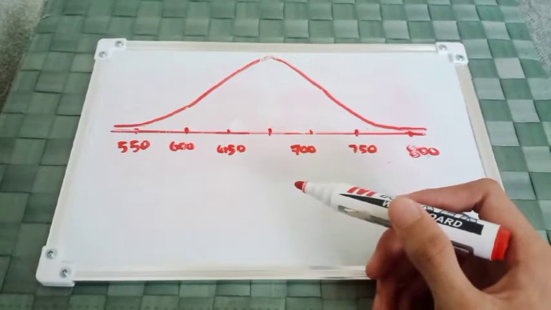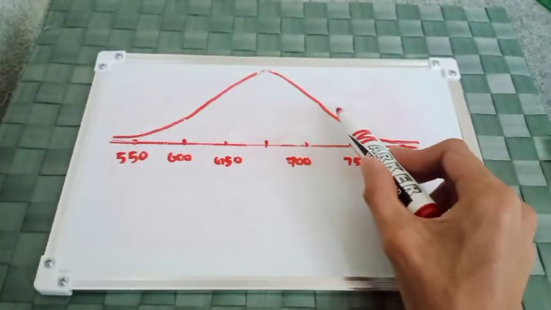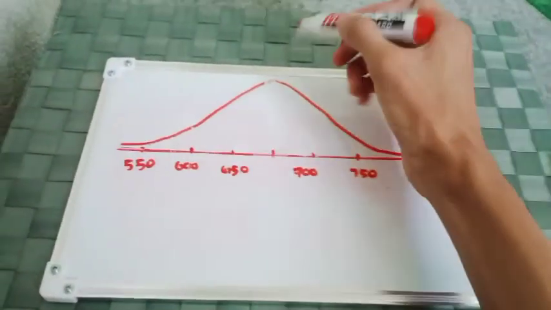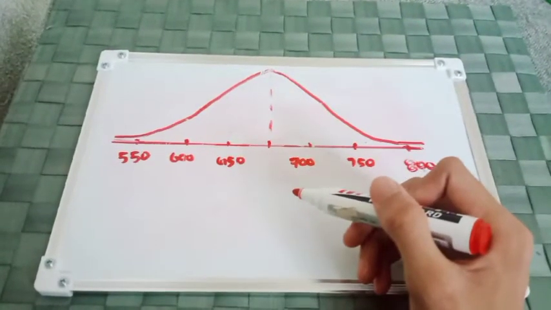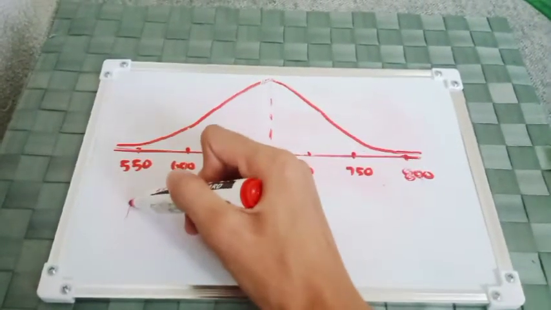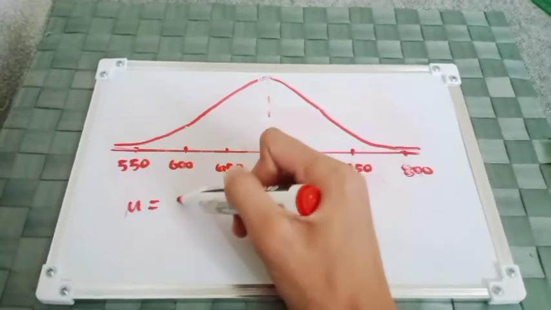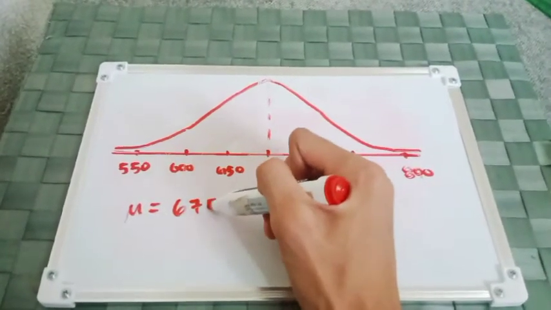Because a normal curve is symmetric about the mean, we can estimate that the mean is equal to 675.